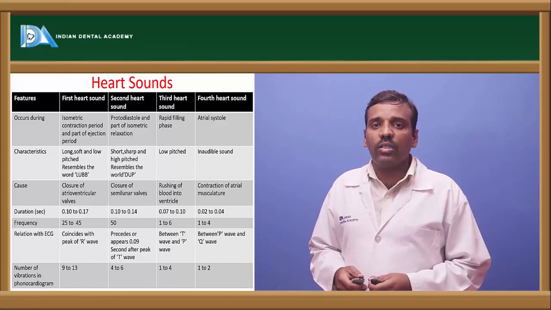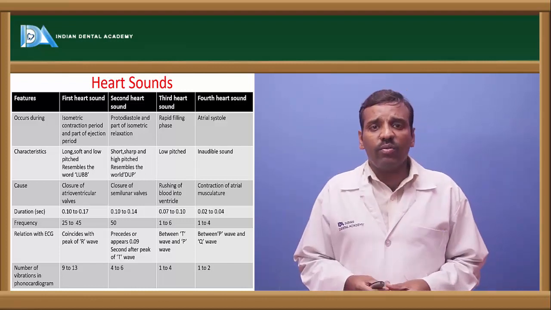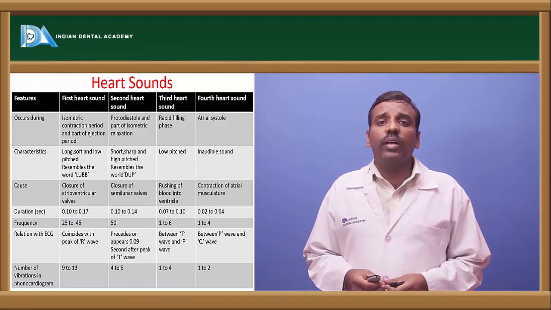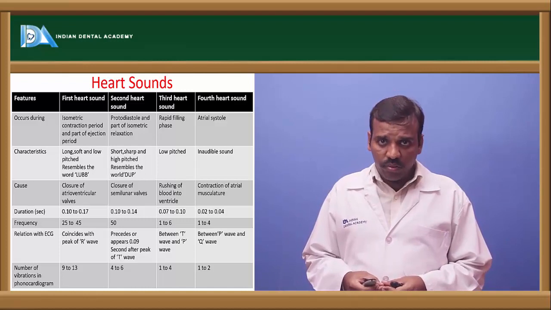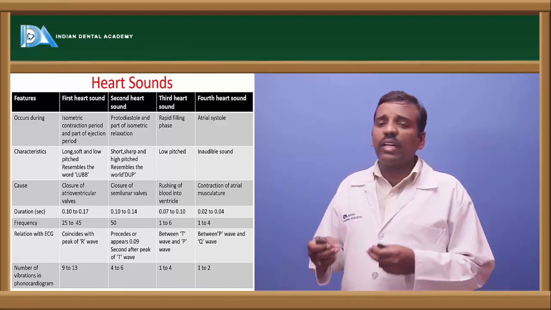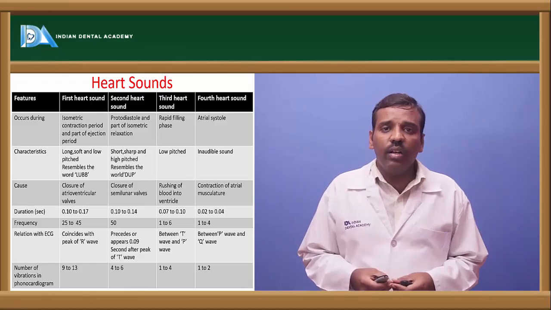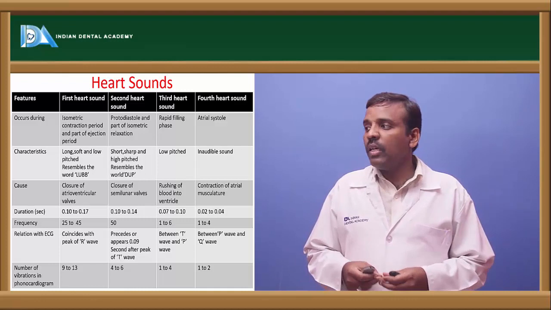And the third heart sound occurs during the rapid filling phase, so we can't catch it on the stethoscope. By the stethoscope we can't listen to this, okay. It is very low pitched, and rushing of the blood into the ventricle is the cause of the third heart sound.